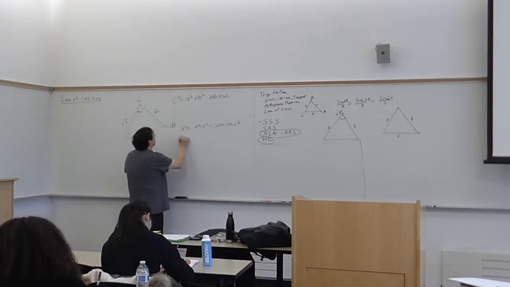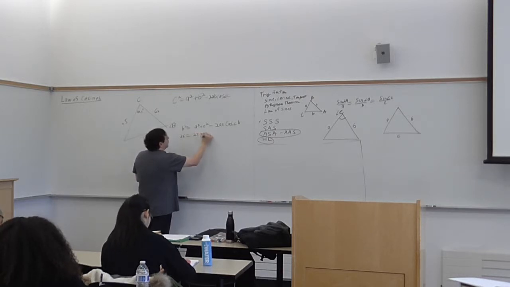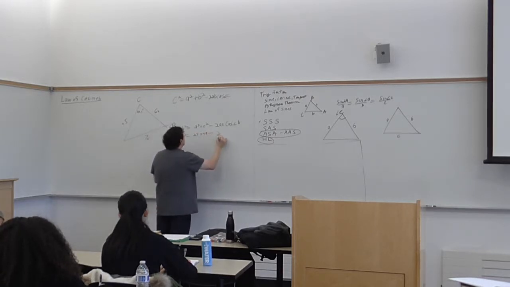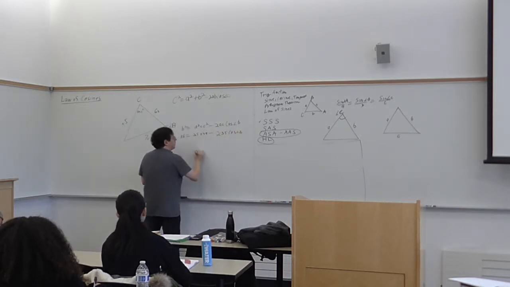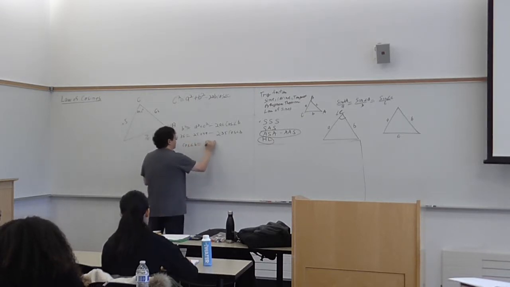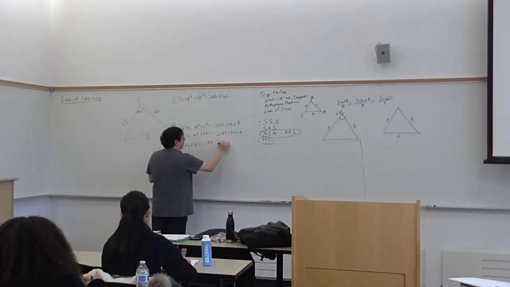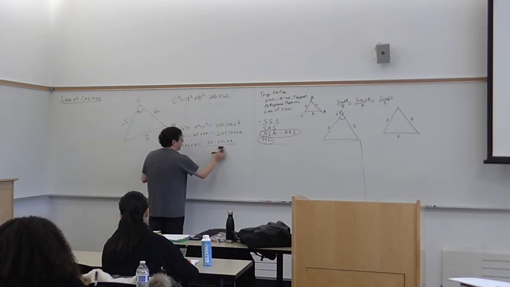Okay, so 36 equals 25 plus 49 minus 2 times 35 cosine angle B, or cosine angle B equals 36 minus 25 minus 49 over minus 2 times 35, that's minus 70.